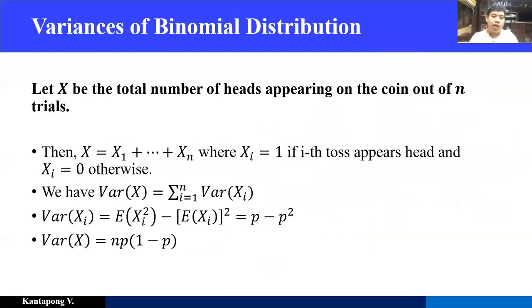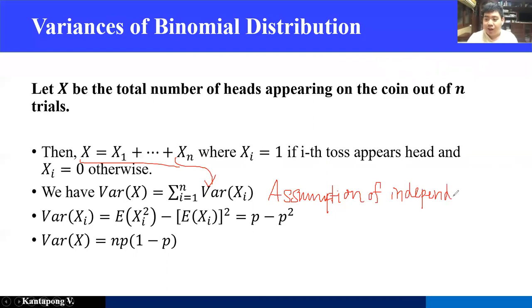So let's look at the second example, the variance of the binomial distribution. Because X is a sum, and we know that they're independent. This is important: they were independent. So we get this one into this one by the assumption of independence. So in the exam, if the calculation you made relies on the assumption of independence, say it, because it's not true in general.